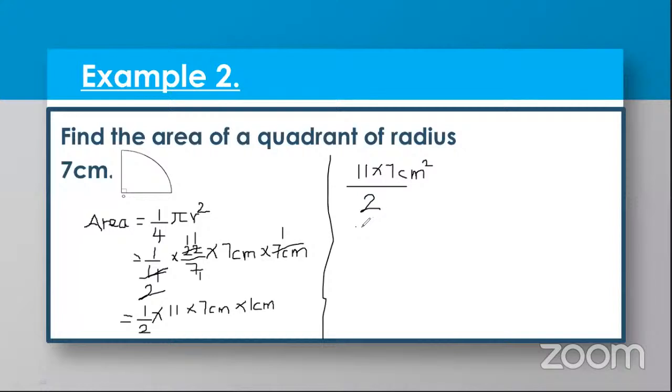Yes. And you had already said 77 centimeters squared divided by 2. That is your answer, but it should be reduced to its lowest term, isn't it? Yes. Because 2 cannot carry 77. So in this case, what do you do? You divide. 77 divided by 2 equals 38. Yes. 0.5.